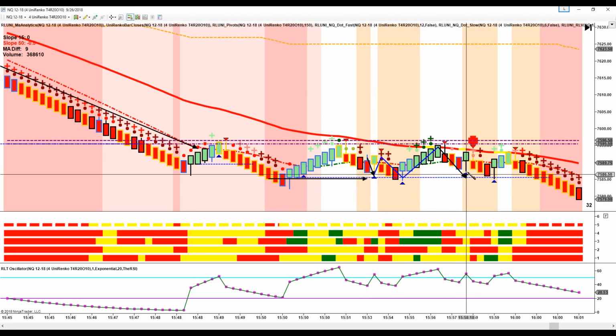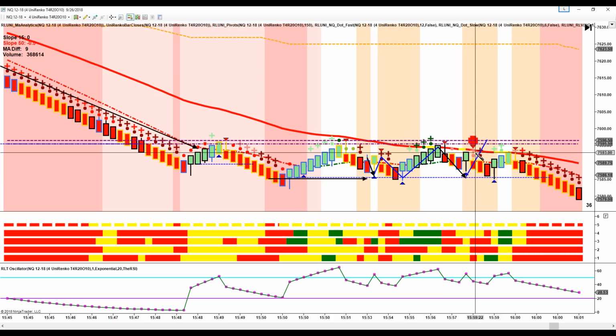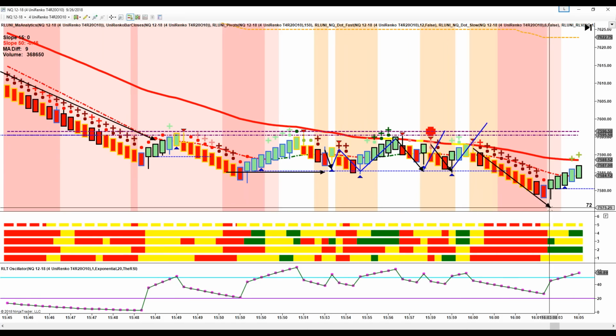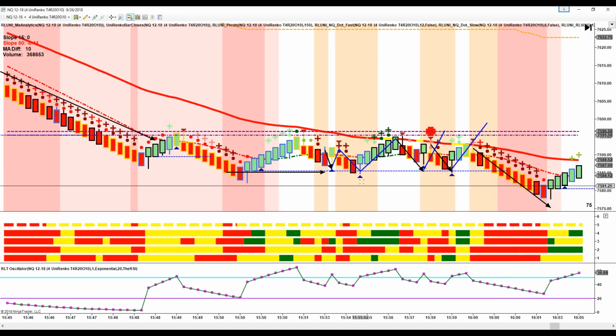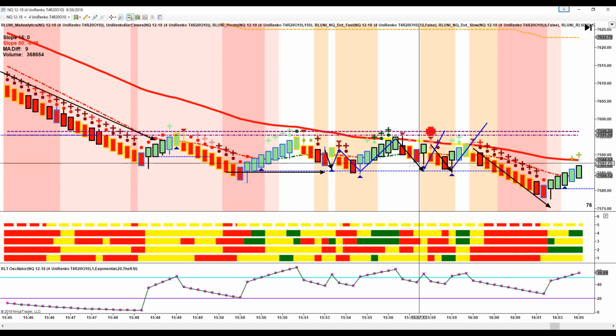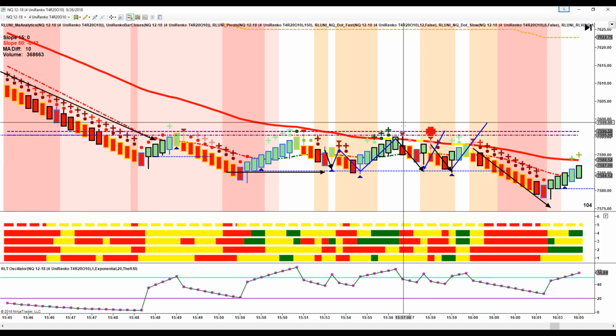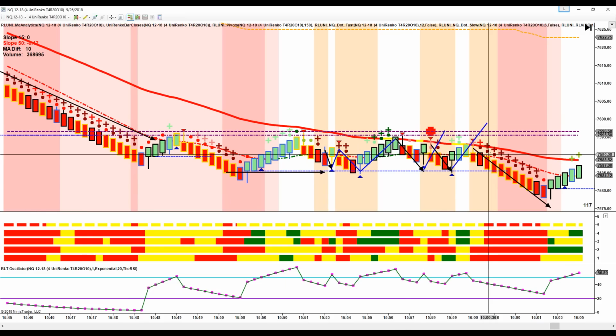Hits, goes up. Hits, and goes up. And then finally, it snaps. So if you took all these entries, now these aren't really valid entries anyway, but if they were and you tried to get through, you would have lost 4 trades in a row. And that's a kiss of death. So you have to really respect a real pivot.